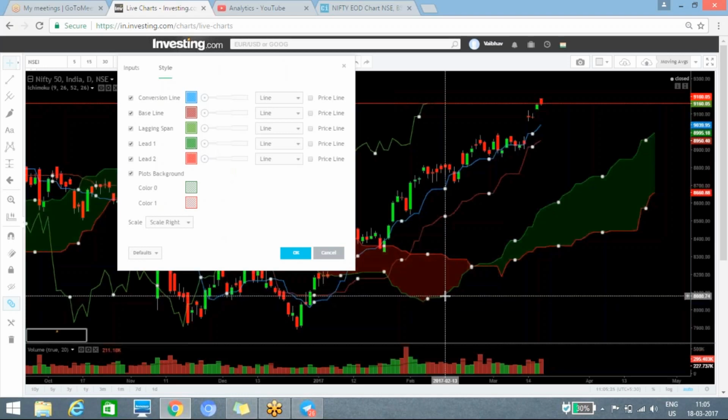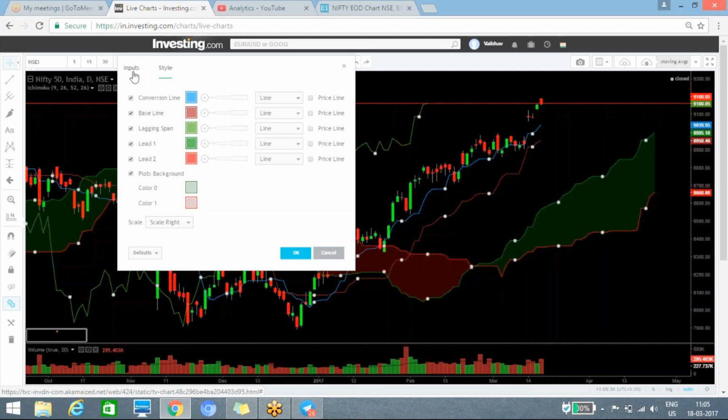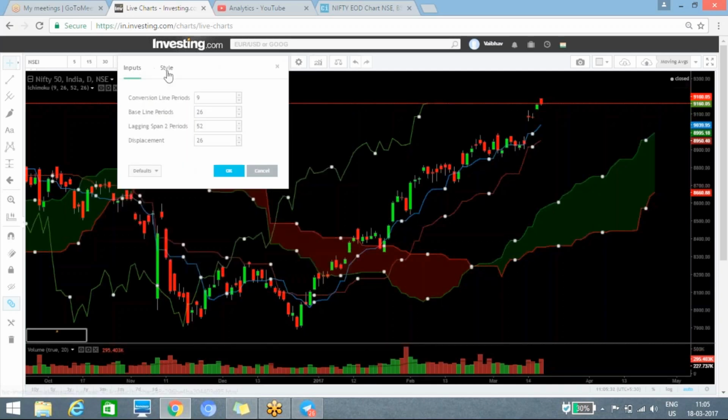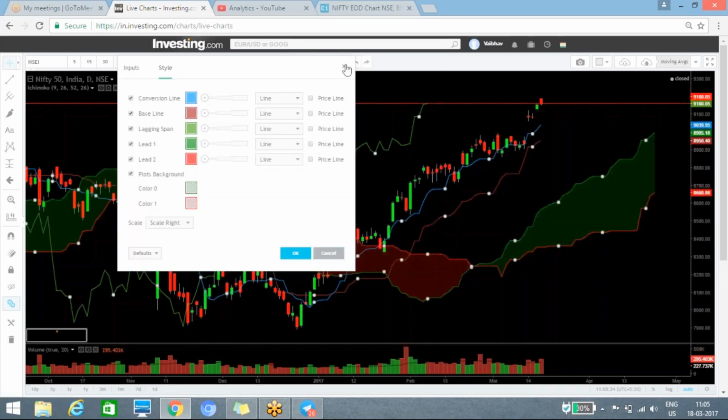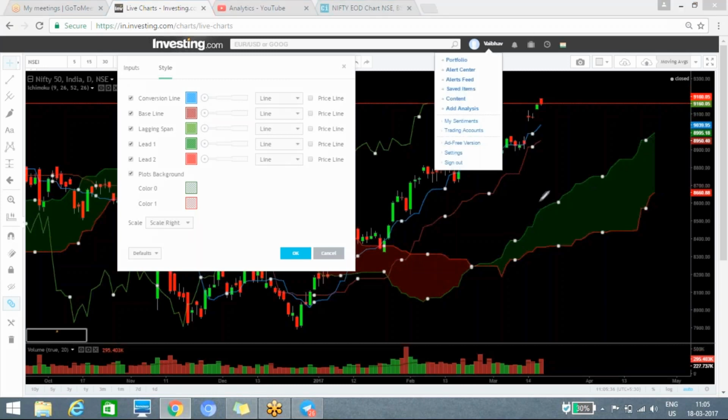The green line here is the lead A, this span A, which I have highlighted. So this is the average of the conversion line and baseline.